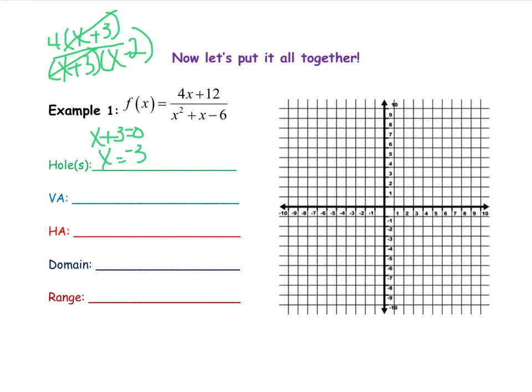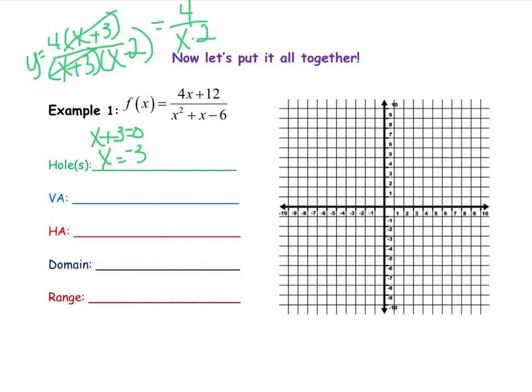Now I need to find my y coordinate of the hole. Now remember, I know I'm factoring this, but this is y equals. And now, in order to find my y coordinate, I first need to simplify this. So my numerator is 4, and my denominator is x minus 2.